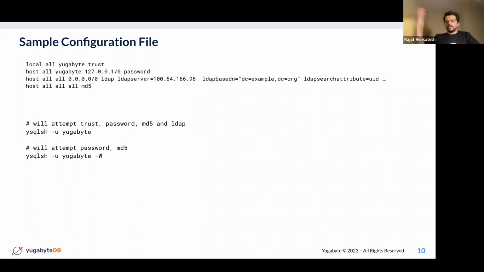Like in LDAP, we talk to an LDAP server and the authentication happens there. Just want to point out that there can be multiple authentication methods applicable to a specific role, and I wanted to give an example of that.